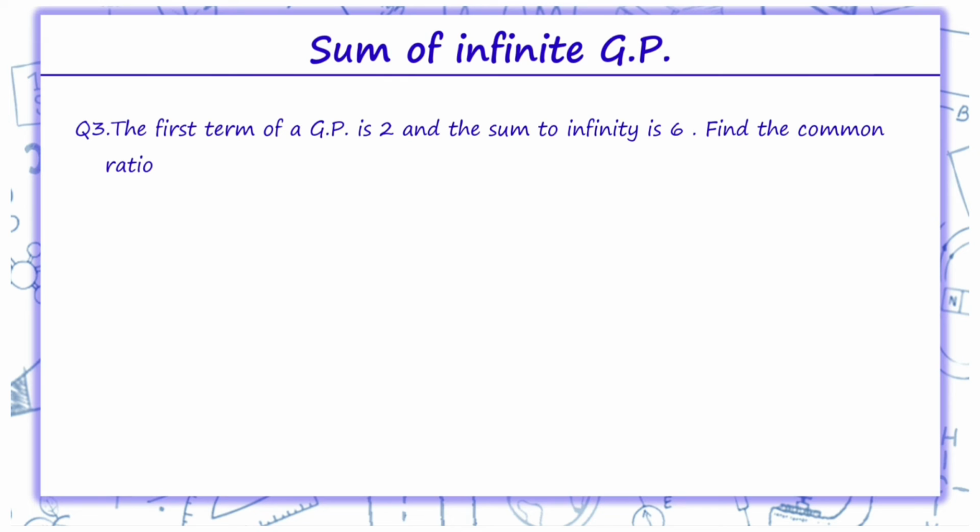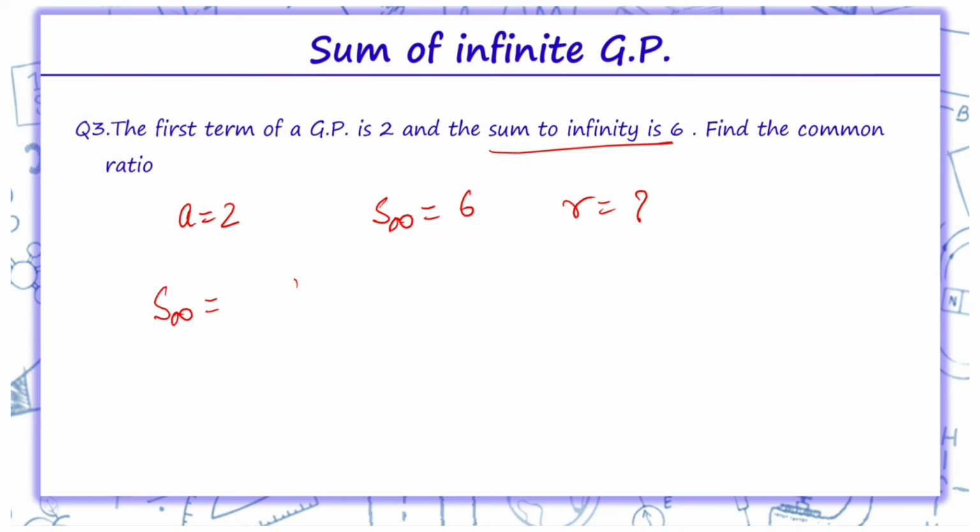The next question is: the first term of a GP is 2 and the sum to infinity is 6. We have to find the common ratio. The first term A is 2, the sum to infinity S infinity is 6, and we have to find the common ratio r.